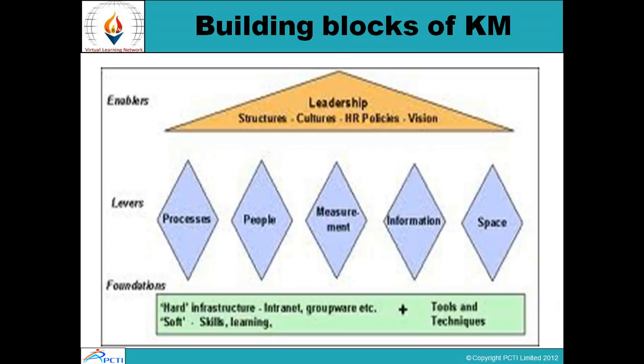Now, can you think about the building blocks of knowledge management? Yes, there are different building blocks of knowledge management, that is enablers, levers and foundations. Enablers are the leadership parameters which give rise to the structure, culture, HR policies and proper vision. They all come under the enabler part.